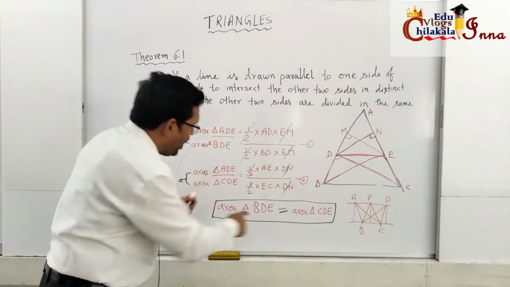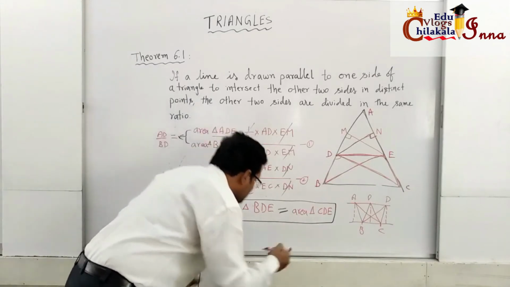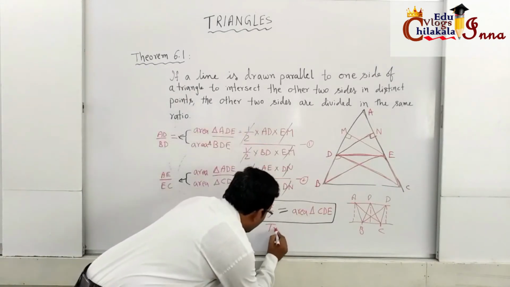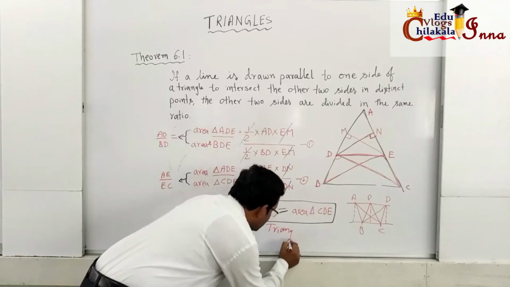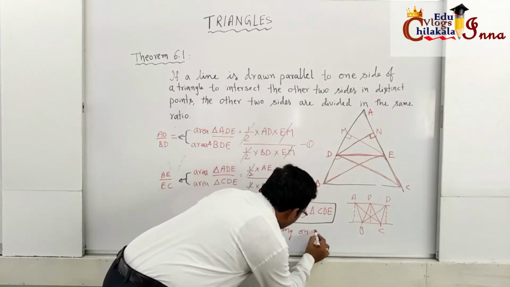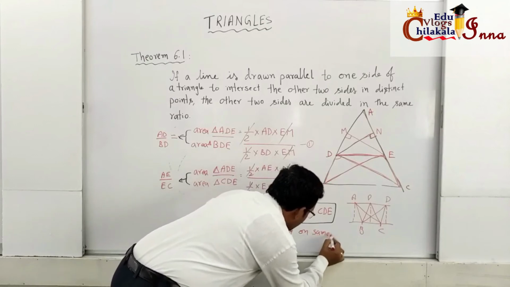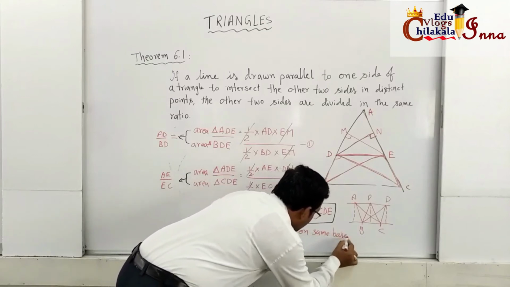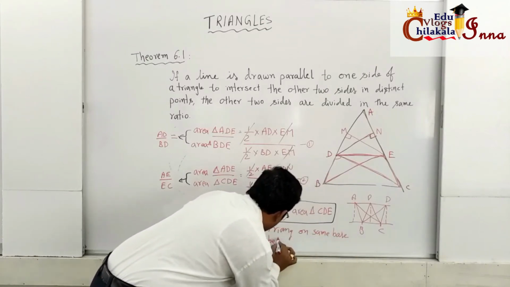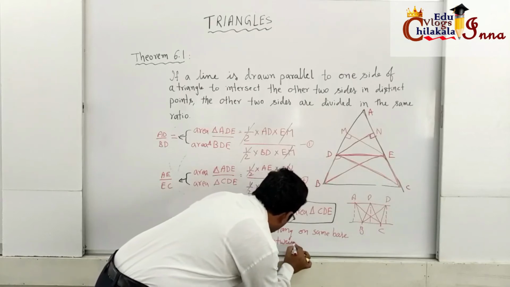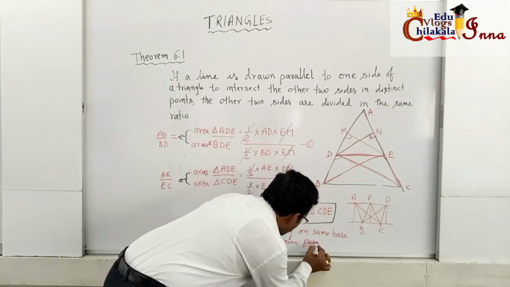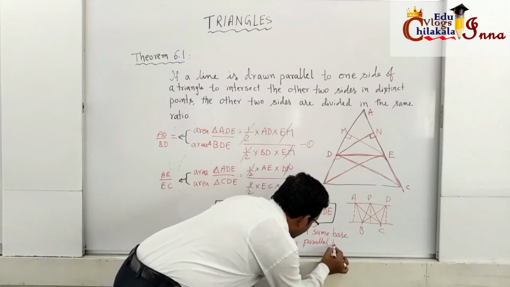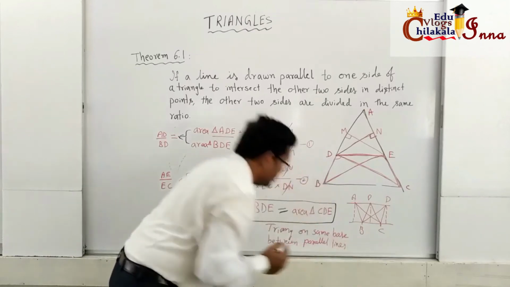So why are these triangles equal? Triangles on the same base between parallel lines.